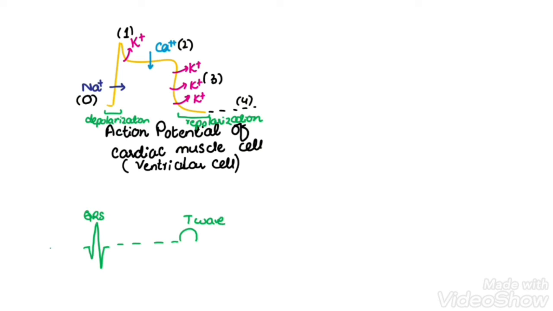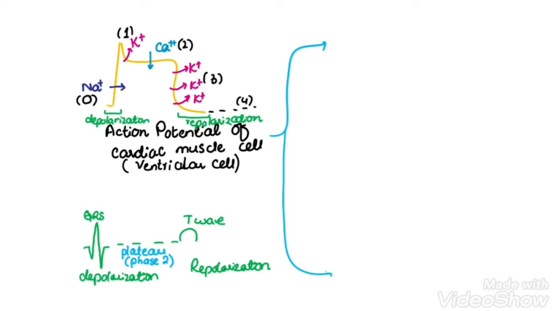The sodium influx and depolarization cause QRS complex, whereas the repolarization or efflux of potassium causes T wave. In between, there is the plateau formed by entry of calcium ions, and this plateau corresponds to the ST segment between QRS and T wave.